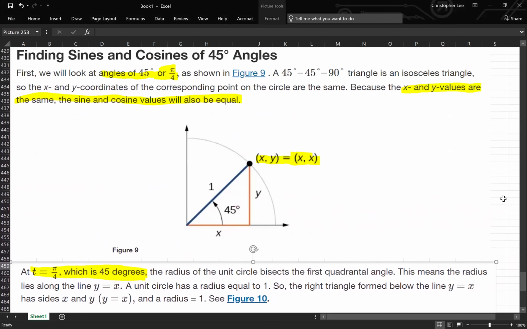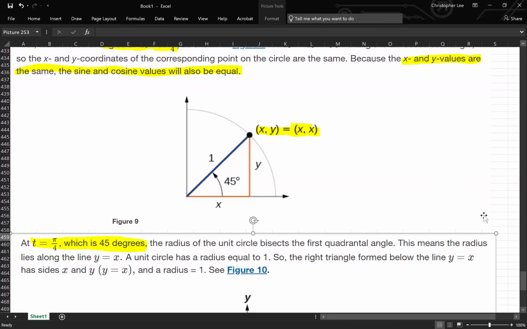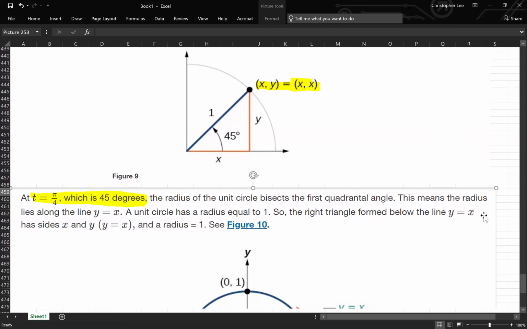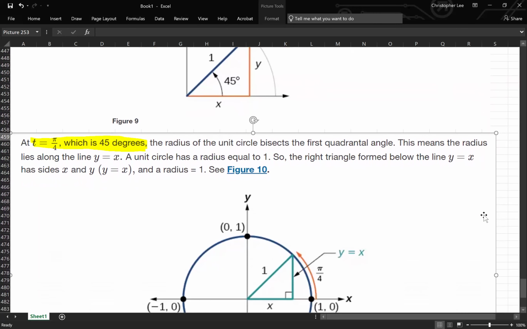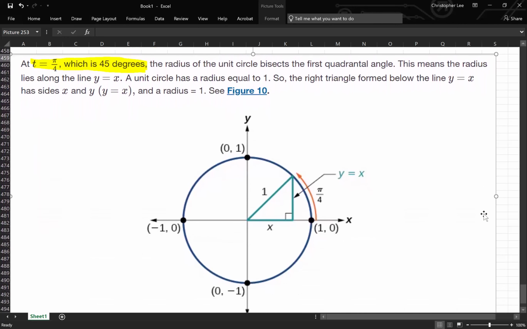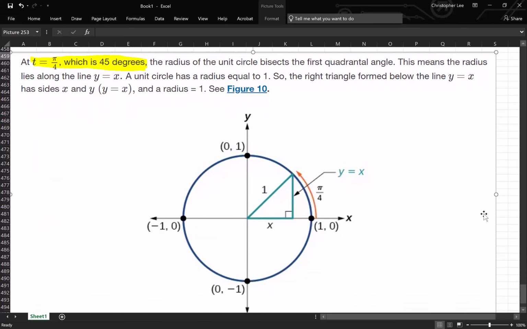At t equals pi over 4, which is 45 degrees, the radius of the unit circle bisects the first quadrant angle. This means the radius lies along the line y equals x. A unit circle has a radius equal to 1. So the right triangle formed below the line y equals x has sides x and y, where y is equal to x, and a radius equal to 1.